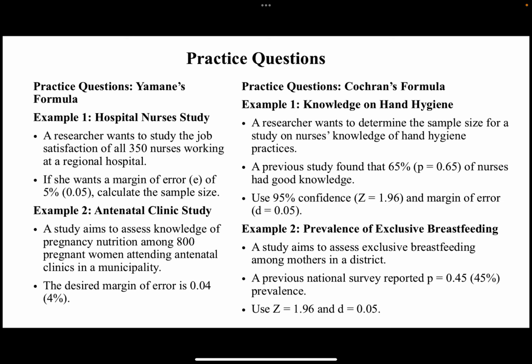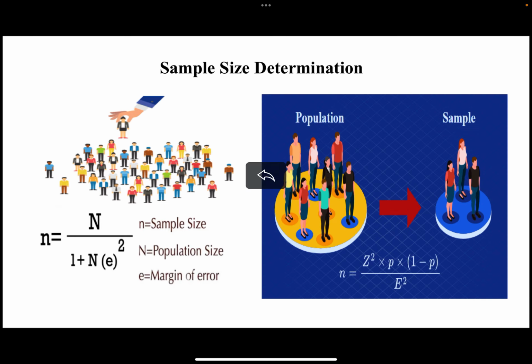So the proportion P is 0.65. 65% means 65 over 100, and that's 0.65 in terms of proportion. So P is 0.65, and 1 minus P is 1 minus 0.65. Then you put that into the formula.